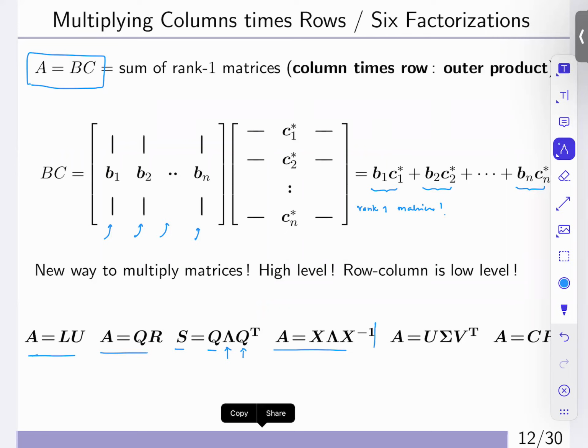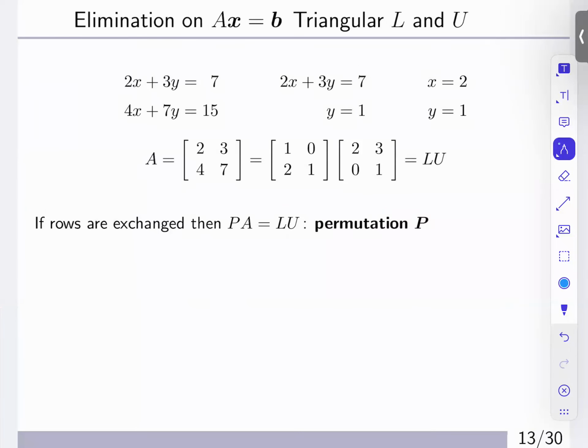And finally, the most important is the singular value decomposition. Singular value decomposition is the workhorse of all data science. Everywhere you see a data science problem, a machine learning problem, a face recognition problem, believe it or not, you are using singular value decomposition. So we are going to focus a lot on the singular value decomposition.